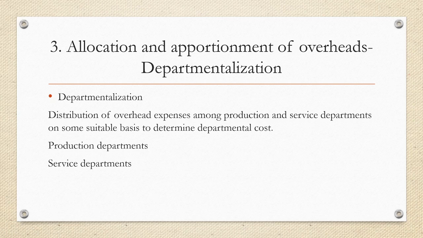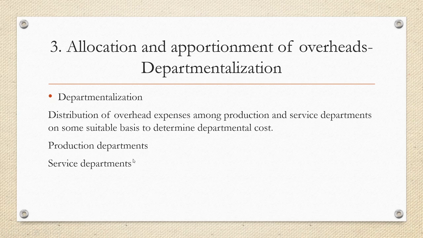Now in departmentalization, the overheads are distributed among the various production as well as service departments on some suitable basis. For example, we have to distribute the rent expense. Now how do we distribute? We will find out the floor area of all the production departments as well as the service departments, and then it will be distributed among the production as well as service departments on the basis of the floor area occupied. If the production departments require more area, then more rent will be charged to the production departments and less rent will be charged to the service departments.